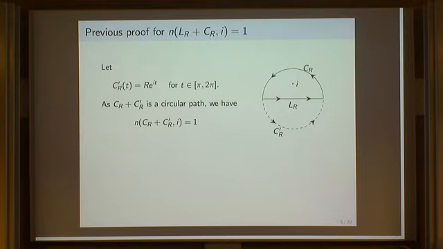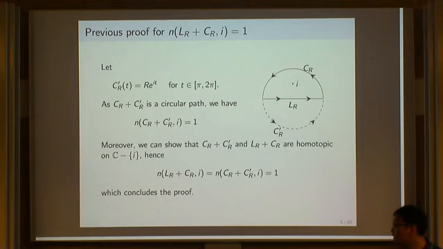This is because the point i is inside this circle, and there's a lemma in Isabelle which can show this very easily. Then I showed that the paths CR plus CR' and LR plus CR' are homotopic in the complex plane minus the point i. Hence, there's a lemma in Isabelle which says that these two winding numbers should be equal, and hence we can conclude the proof.